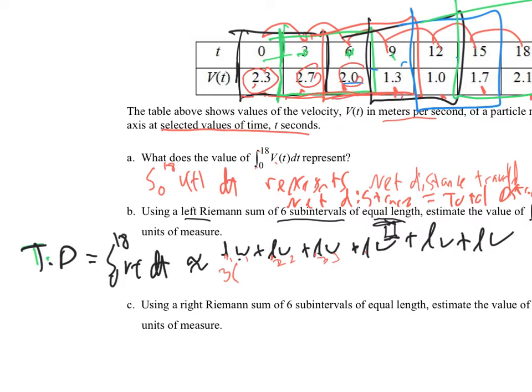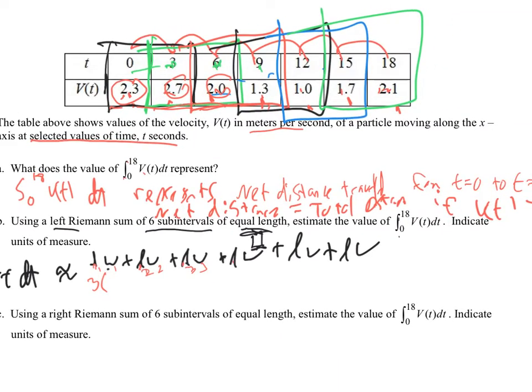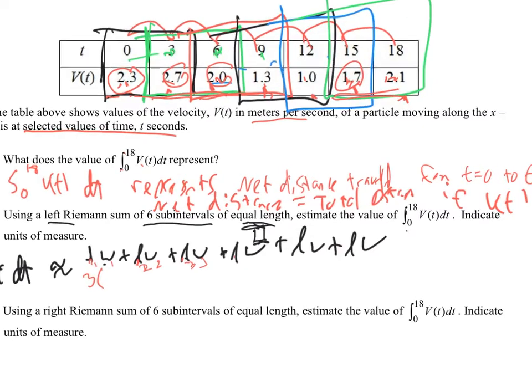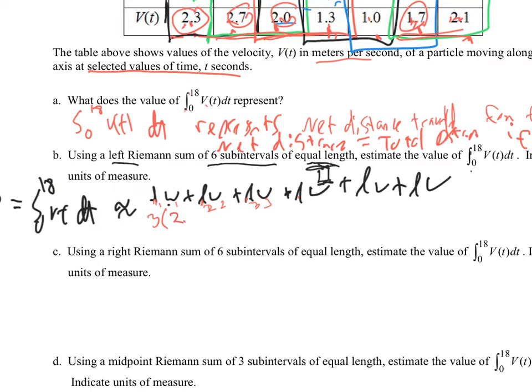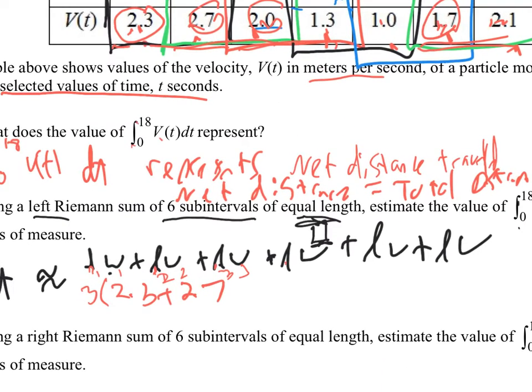So it's basically going to be 1, 2, 3, 4, 5, 6, not 7, because this will be the left of this last rectangle. So it's going to be 2.3 and 2.7 plus 2.0 plus 1.3 plus 1.0.